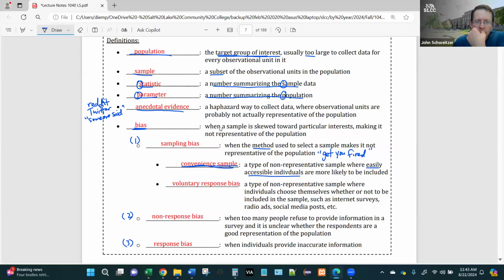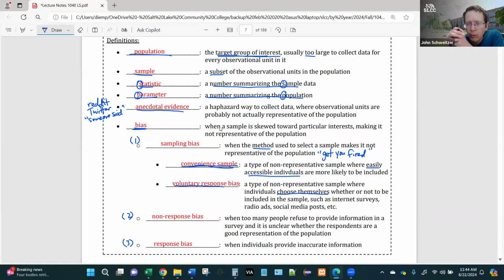The other kind of poor sampling method is the voluntary response sample. The voluntary response sample is another non-representative sample where individuals choose themselves whether or not to be included in the sample.